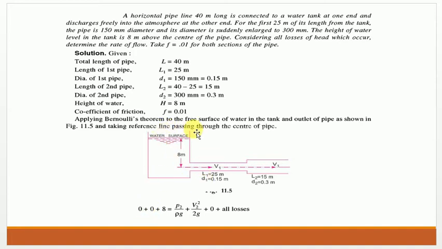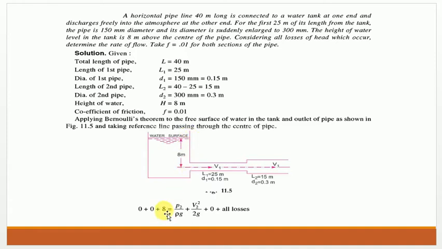Since it is a water tank, the pressure will be equal to the atmospheric pressure, so the pressure term is 0. The water is being stored in the tank, so it doesn't have any velocity, so the velocity is also 0. The datum alone is 8 meters, which is the potential head.